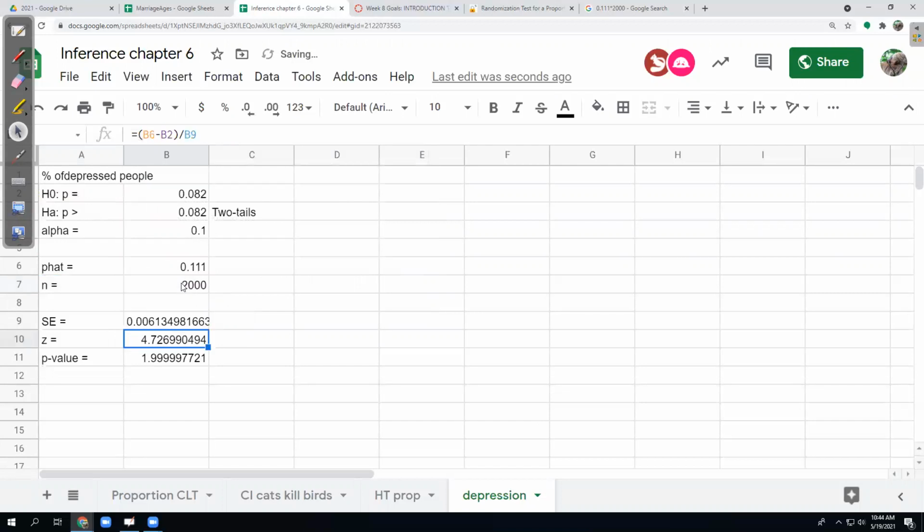And there's that same number, 0.0061. I already had the Z calculation in there that says take the sample statistic, subtract the null value, and then divide by the standard error, which I calculated above here. So I already had that formula in there.